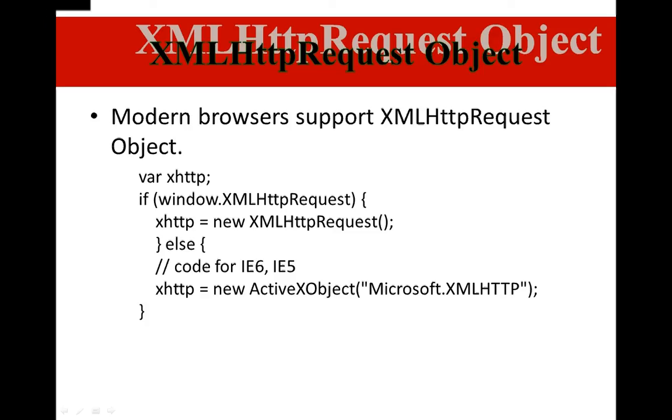Here xhttp is the variable which holds the object of XMLHttpRequest. In the case of Internet Explorer 5 and 6, or early versions of Internet Explorer, maybe they don't have this XMLHttpRequest object. Instead of that, we use something called Microsoft.XMLHTTP.